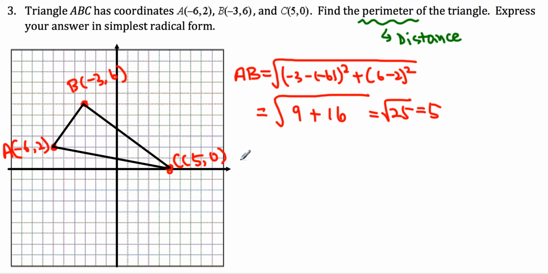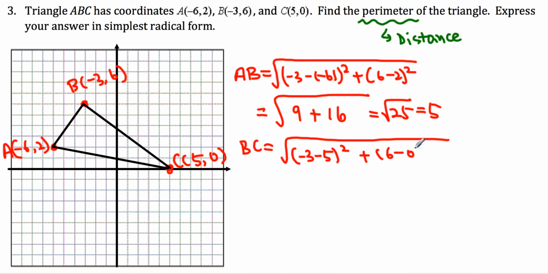So how about BC? BC is, once again, x2 minus x1, so negative 3 minus 5, squared, plus 6 minus 0, squared. Negative 3 minus 5 becomes negative 8. When you square it, it becomes 64. And this, of course, becomes 36. So we get our answer to be square root of 100, which simplifies to 10.